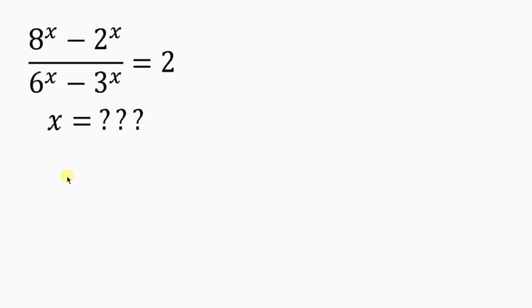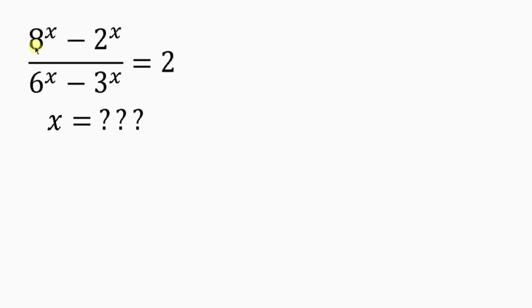Look at this nice and beautiful question on the board that we're going to be solving. The question says, find the value of x for which (8^x − 2^x) / (6^x − 3^x) is equal to 2.